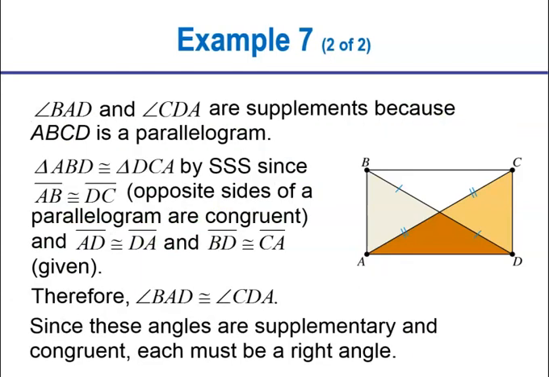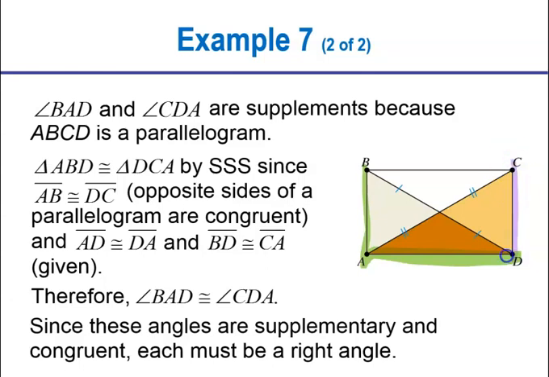Now, like a previous problem we did, we're going to go through the proof and break it down to make sure it makes sense. You've got to really buy into this. So it's saying that angle BAD, okay, so let's find it. Angle BAD, down here. Angle BAD and CDA, I'm going to highlight that one as well.